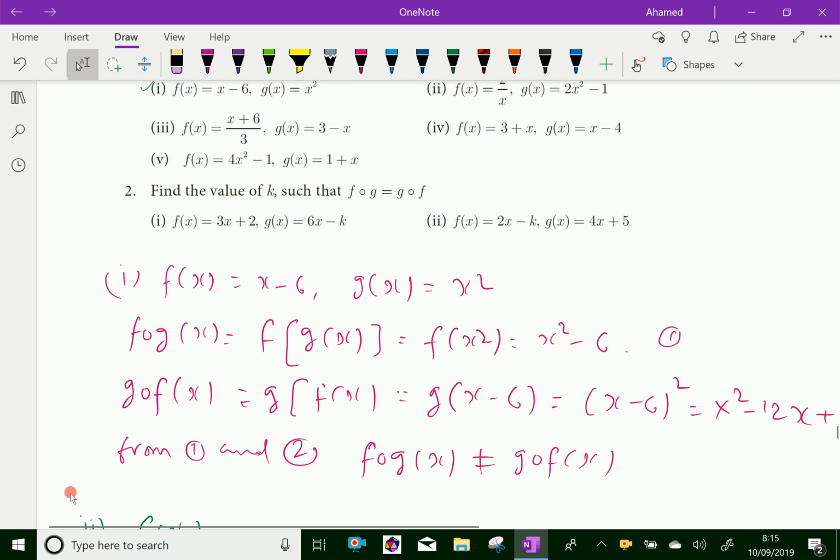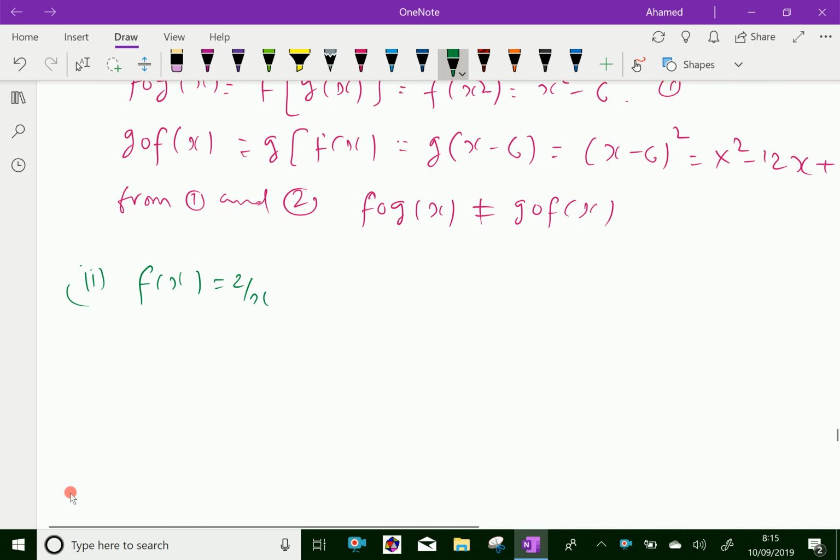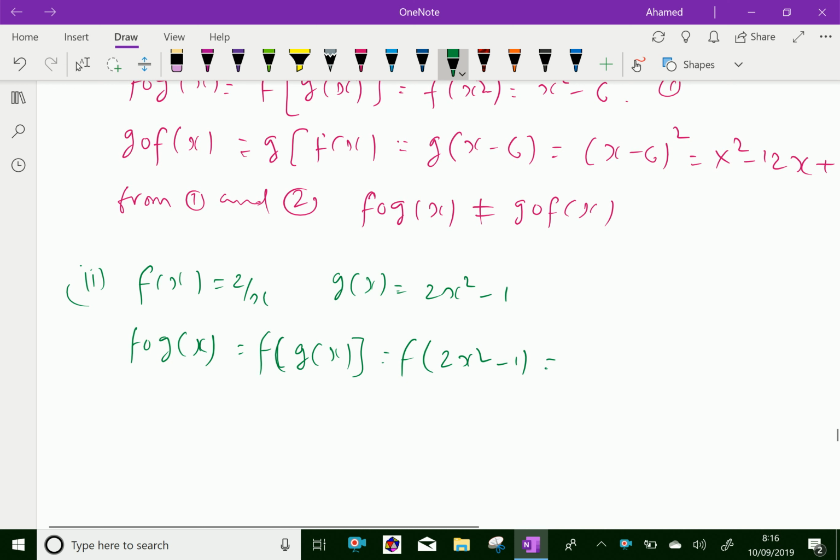Now let us find fog x, which equals f of g of x. g of x is 2x square minus 1, then applying it to function f, where x is replaced, we get 2 over 2x square minus 1. Let it be 1.